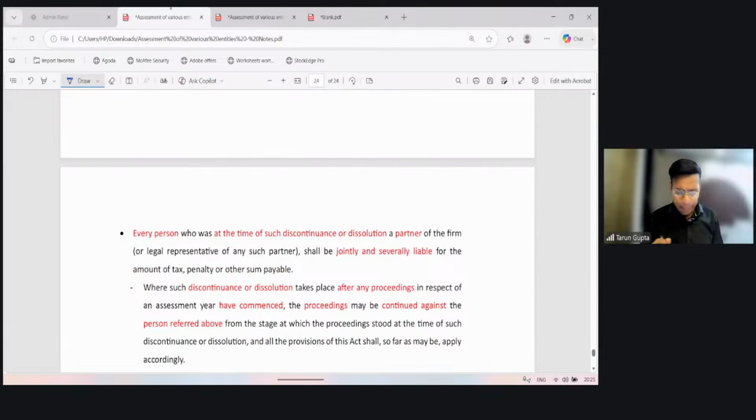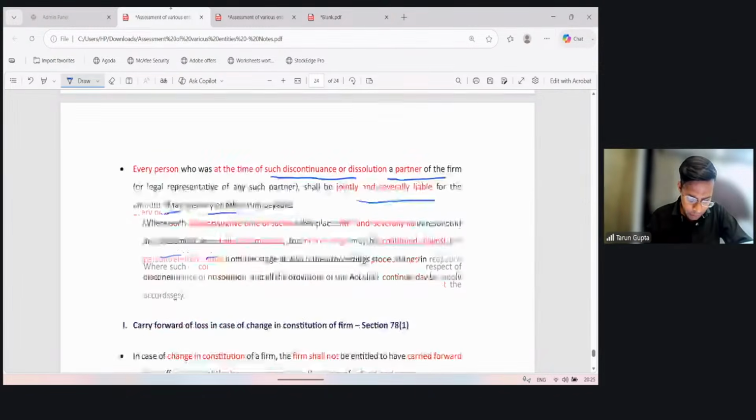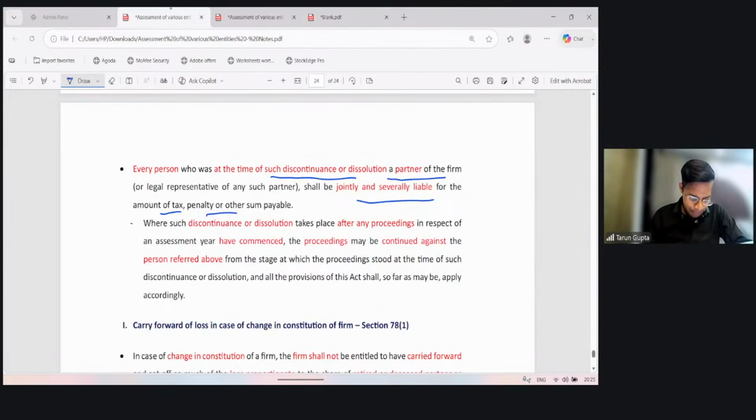And the important part: every person who was at the time of such discontinuance or dissolution a partner in the firm shall be jointly and severally liable for the amount of tax, penalty, or other sum payable. So if the firm is dissolved or the business has been discontinued, then every person who was a partner on the date of the dissolution shall be liable for the demand arisen on the firm.